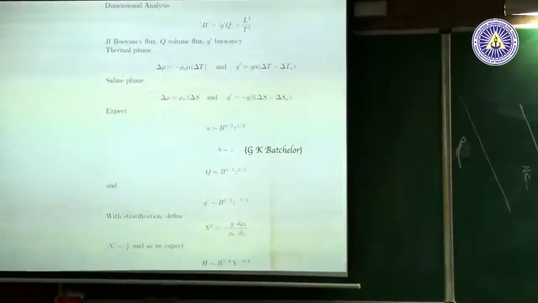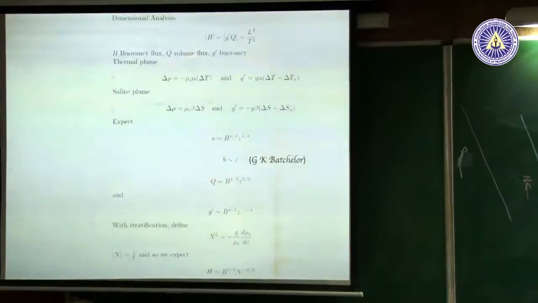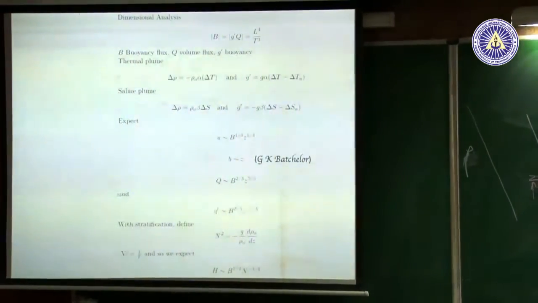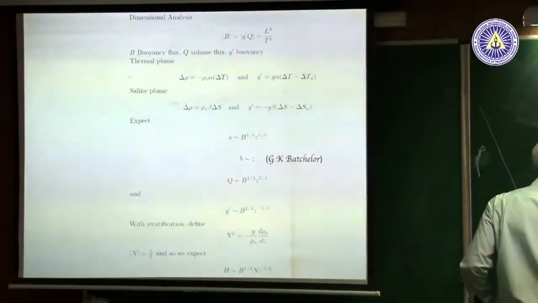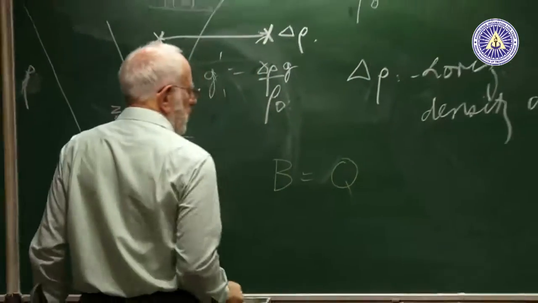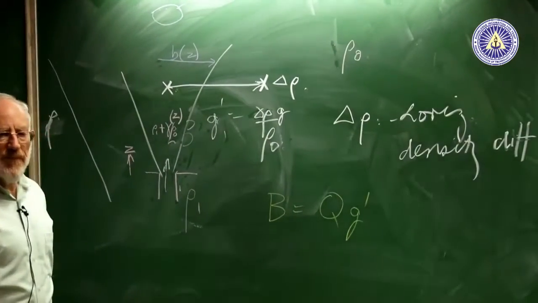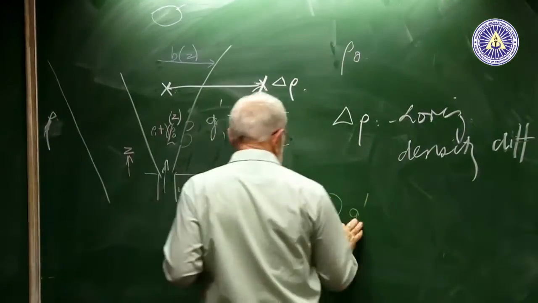Capital B is the buoyancy flux. So the volume flux times the initial buoyancy. So capital B will be the volume flux times g prime. Right? That's what makes it the buoyancy flux.